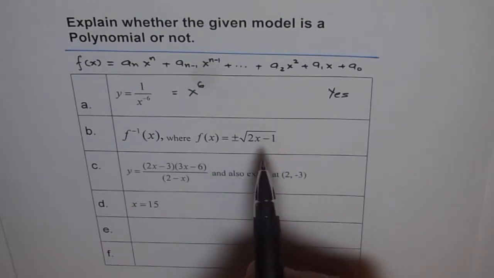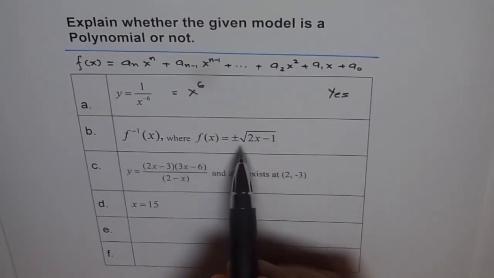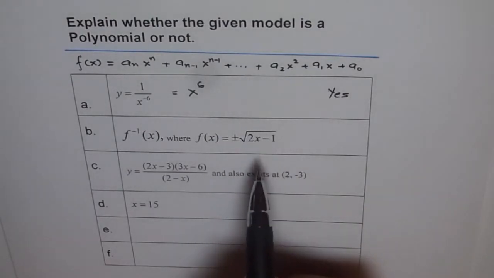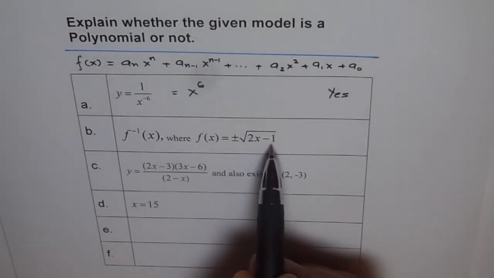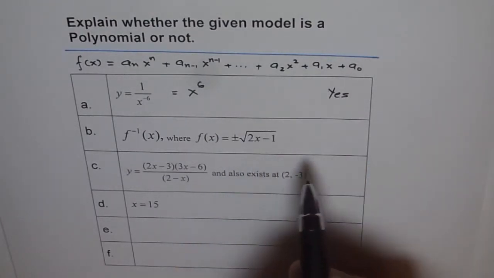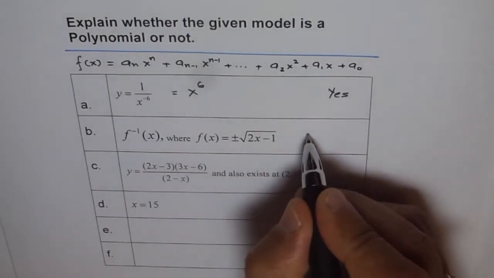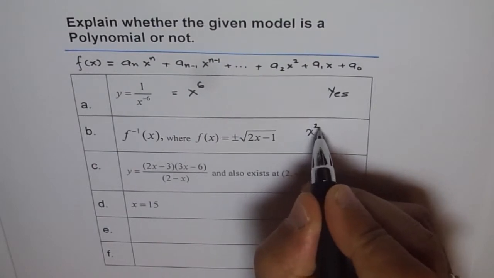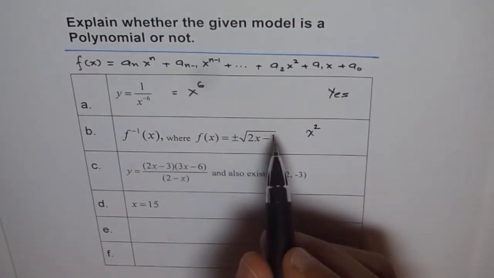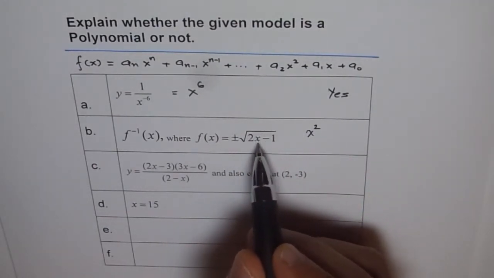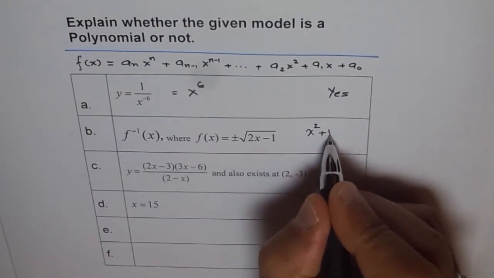So if you see the equation, it is plus minus square root of 2 times x minus 1. If I read it from here, I can square first, so I'll write x squared. Once I square it, then I will add 1 and then divide by 2.